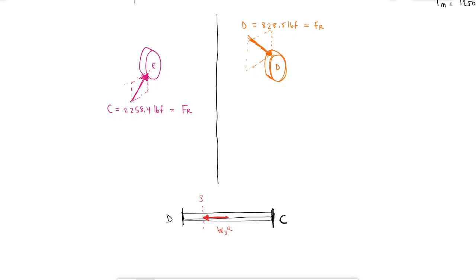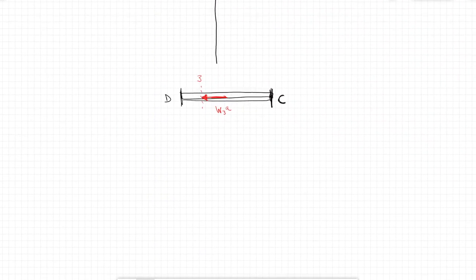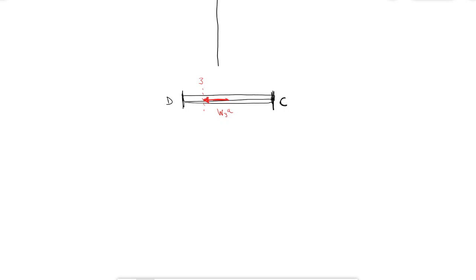What I know about those is that D and C are not going to move. They're bearings, so the shaft cannot move in the X direction, left or right. What I know is that the deflection at point 3 from D has to be equal to the deflection of point 3 from C. Knowing that this is just the deflection of compression and tension, PL over AE.